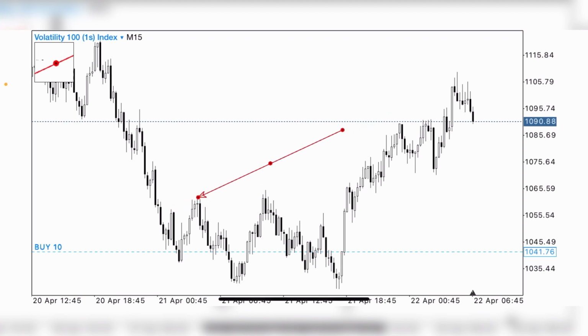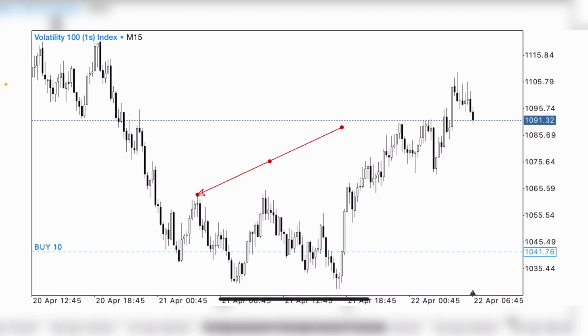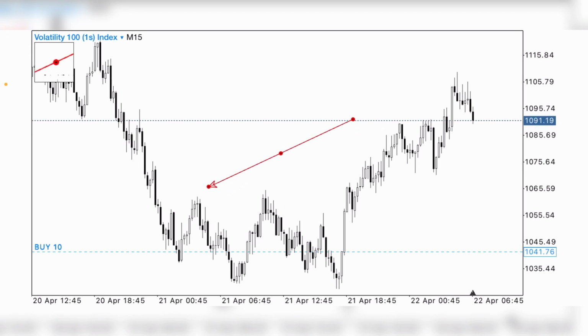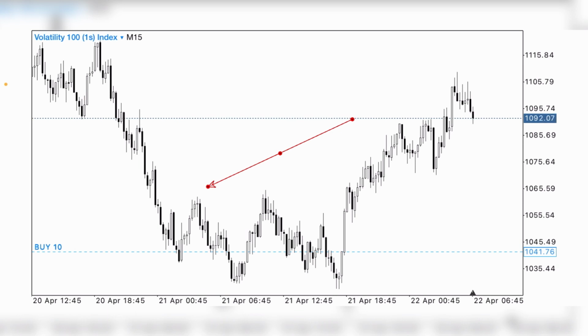Now you're sure that when market breaks this particular high, we have a break of structure. We term it break of structure because when we have an inducement, when market has induced, that high becomes our major high.